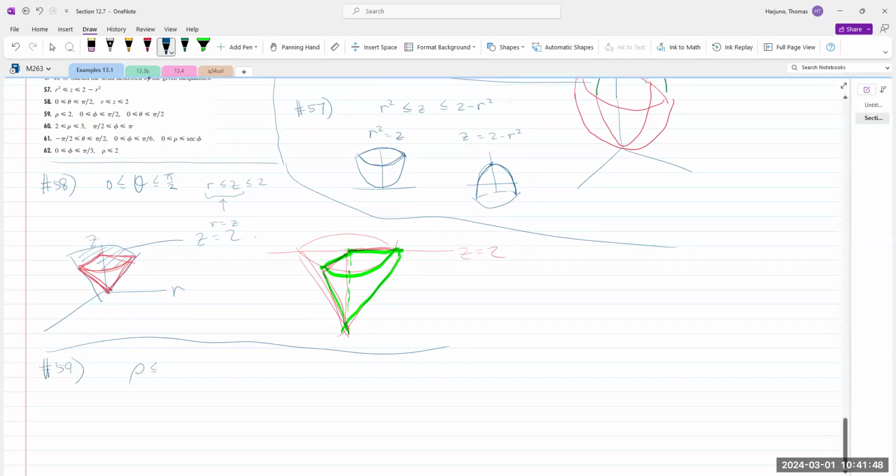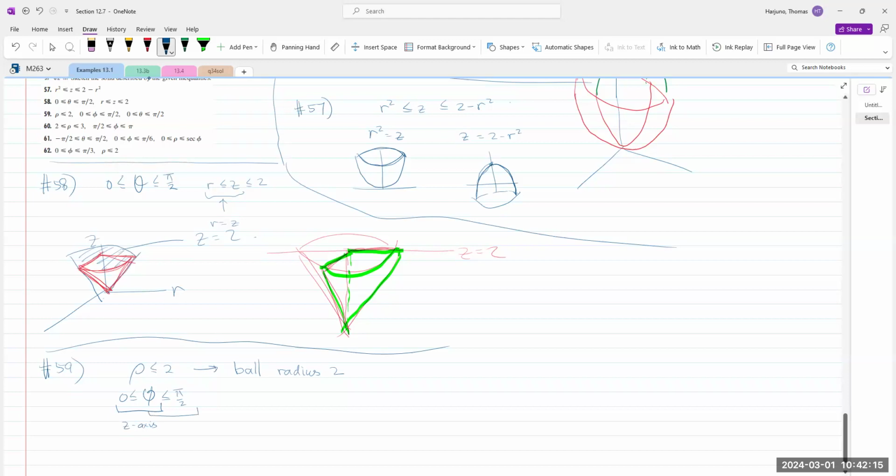Rho is less than or equal to 2. Now, this is actually a ball, not a sphere. A sphere is basically just the skin, right? This is a ball, meaning the sphere and the interior, with radius 2. But phi is between 0 and pi over 2. Remember, phi equals 0 is the z-axis, right?